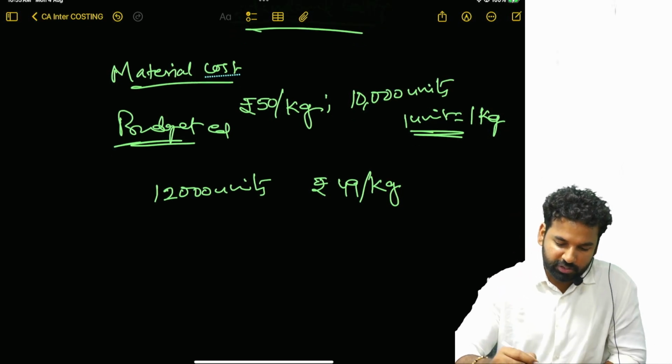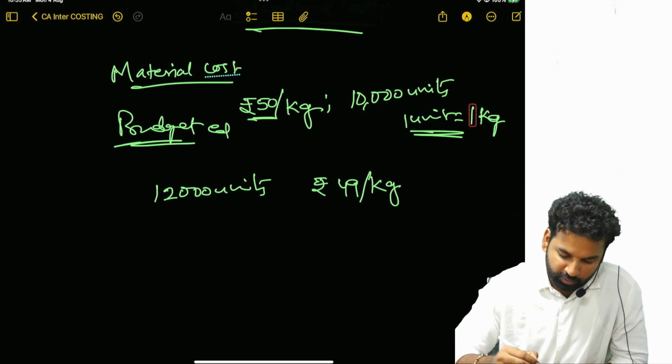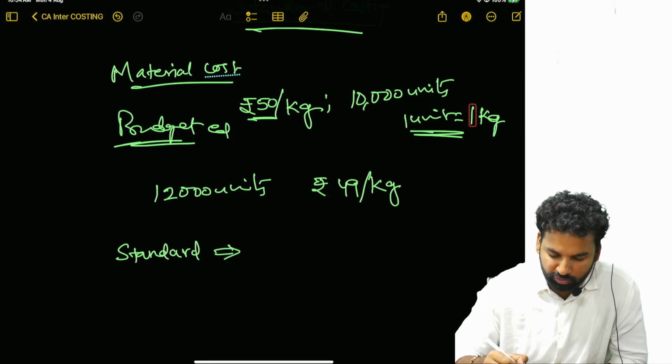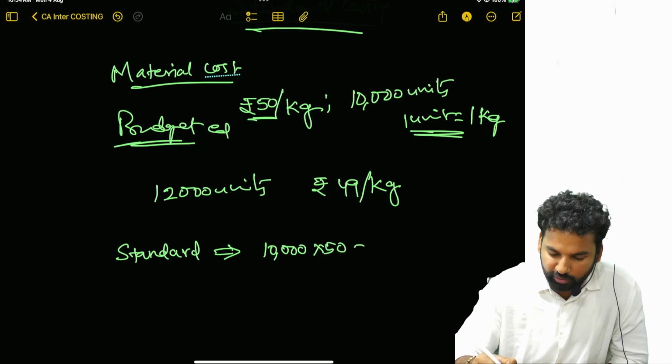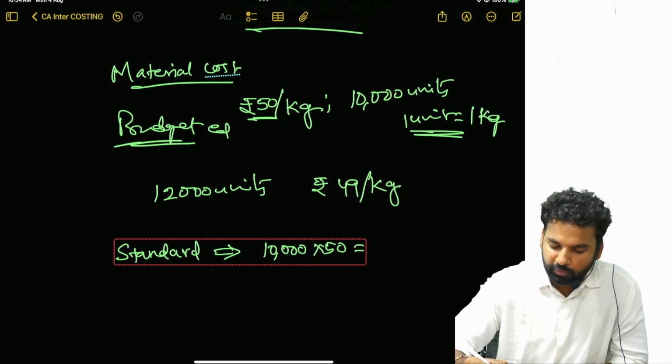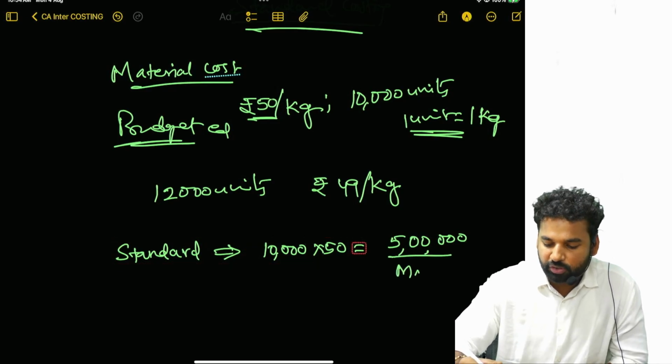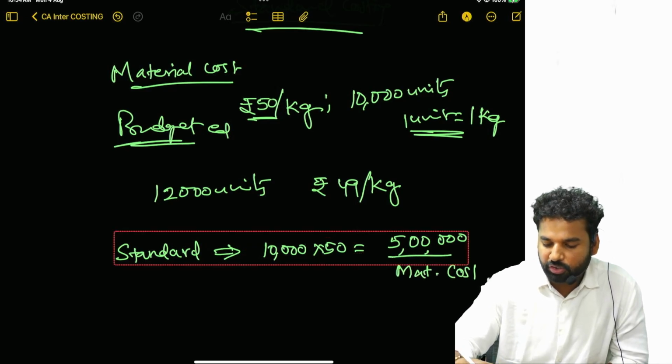So let's say, if this is the case, what is the standard we kept? 10,000 units into 50, which is nothing but 5 lakhs. So 5 lakhs is the budgeted material cost or standard material cost.